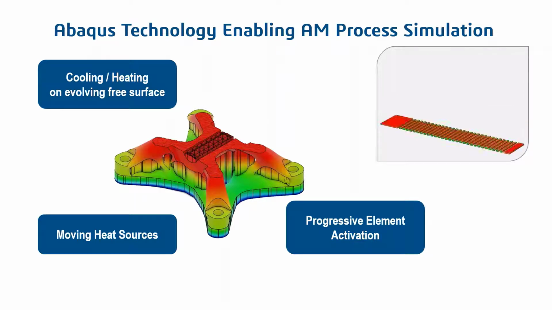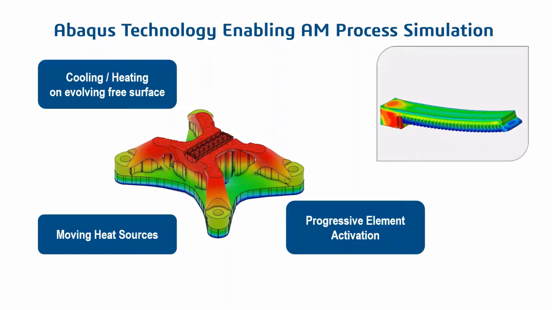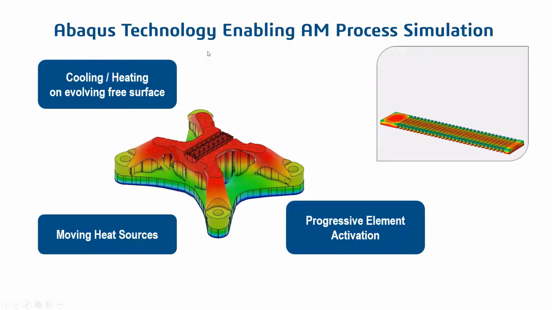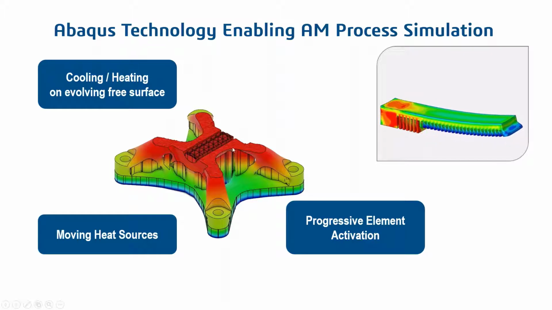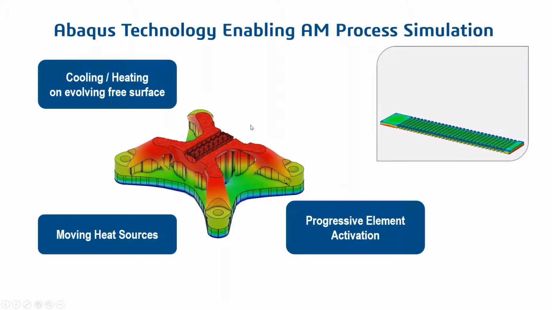Heat, like a laser, can also be used in a simulation, so a moving general heat source can be prescribed, and these are the most important aspects of providing a framework for additive manufacturing process simulation. I will return in a few minutes to discuss what this can be used for more efficiently.